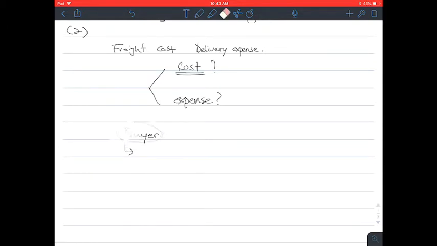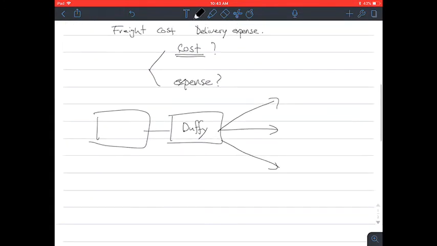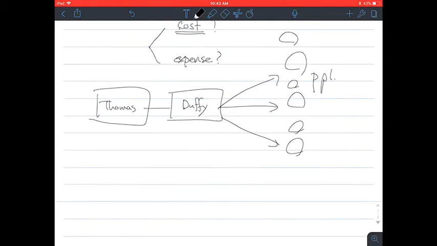No, let's do it like this. This is a merchandise company. So this is Duffy, and this is Thomas. Duffy is going to sell this product to many other different entities, people. So now Duffy needs to buy some merchandise from Thomas to sell to people.